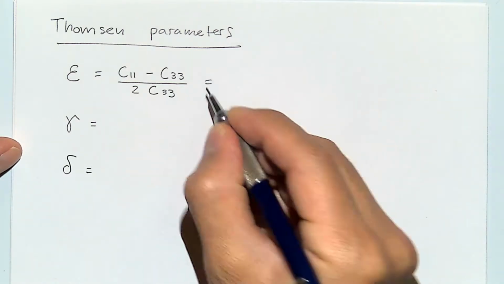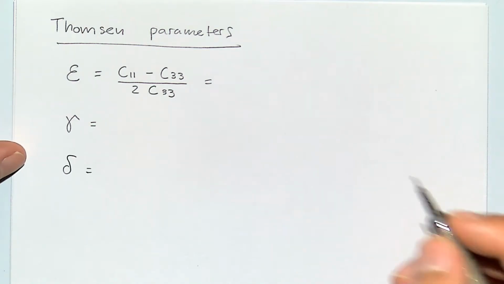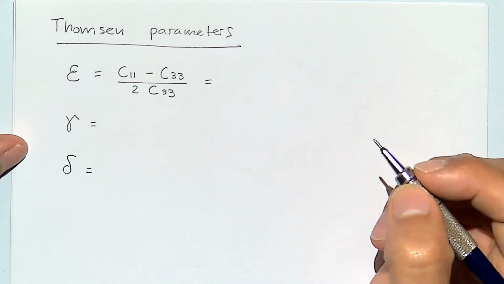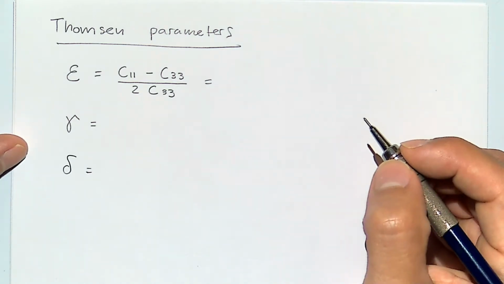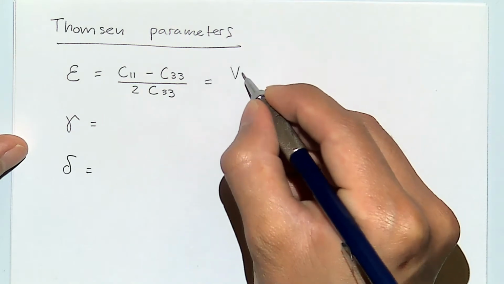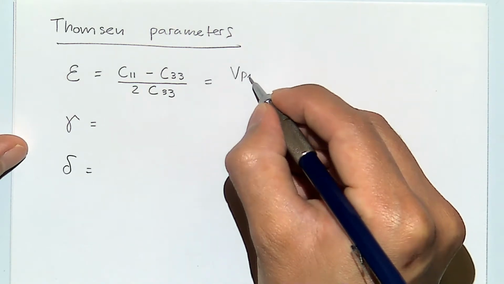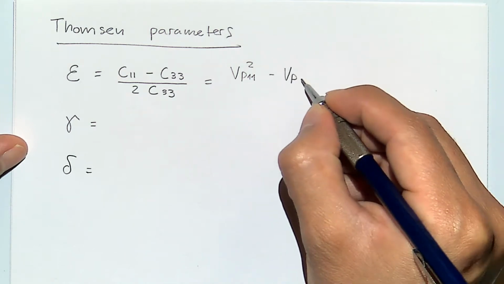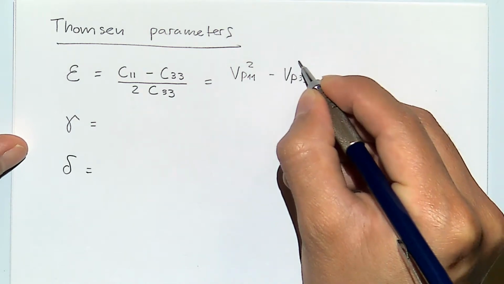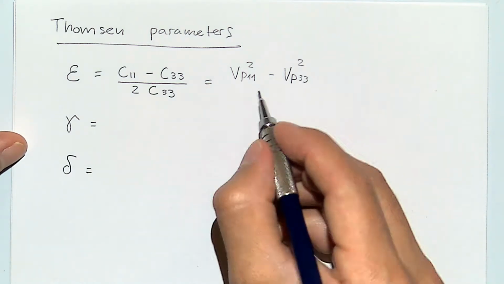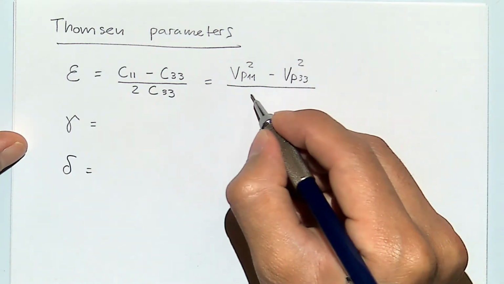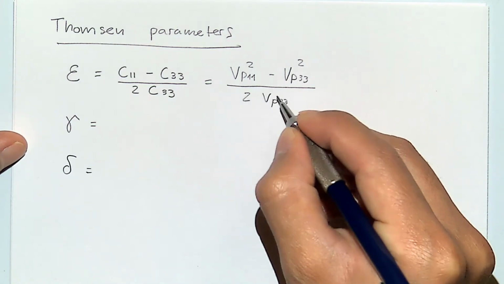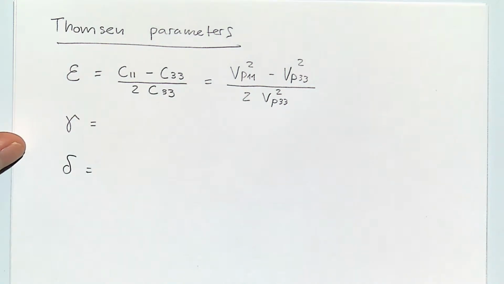If we express these stiffness coefficients in terms of velocity, remember that the stiffness coefficient is density times velocity squared, but density is going to appear everywhere, so I'm not going to even write it because I know that it's going to cancel out. This is the p wave velocity in horizontal direction minus the p wave velocity in vertical direction, both squared, divided by 2 times the p wave velocity in vertical direction.